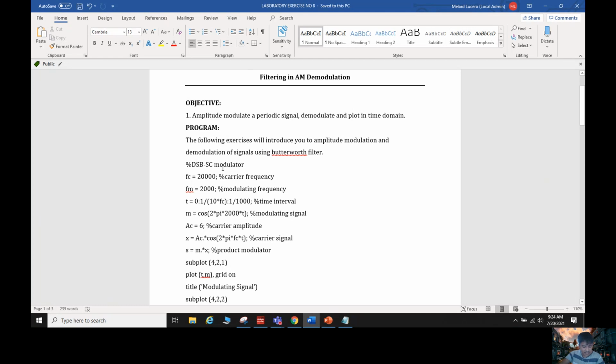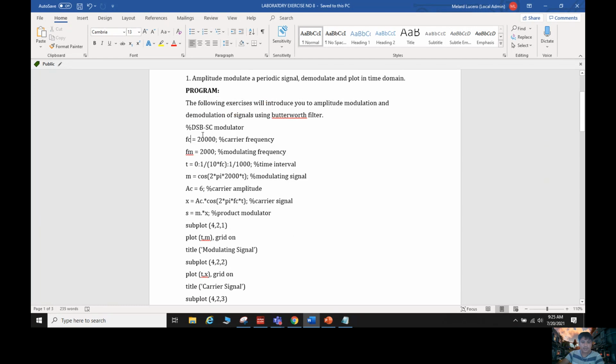DSB-SC means double sideband suppressed carrier transmission, a transmission in which frequencies produced by amplitude modulation, or AM, are symmetrically spaced above and below the carrier frequency, and the carrier level is reduced to the lowest practical level, ideally being completely suppressed. So this is the code for that.